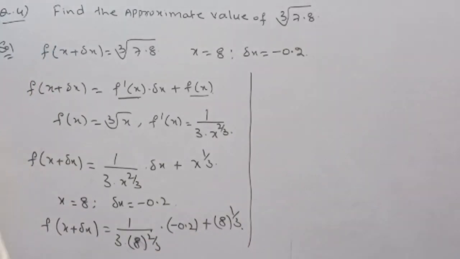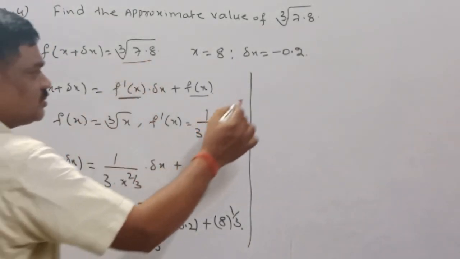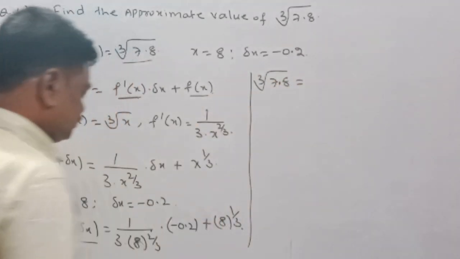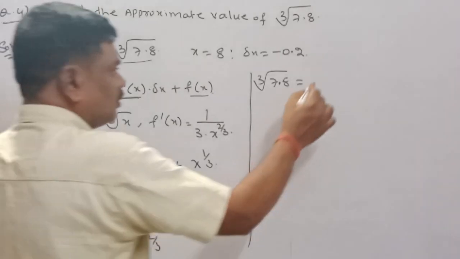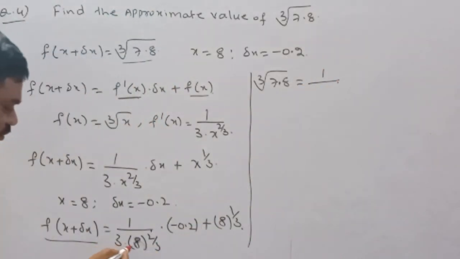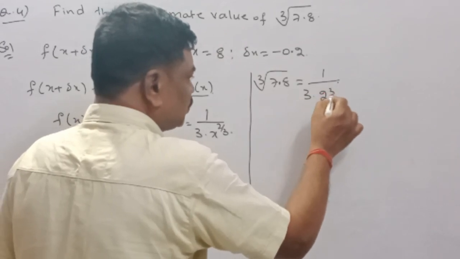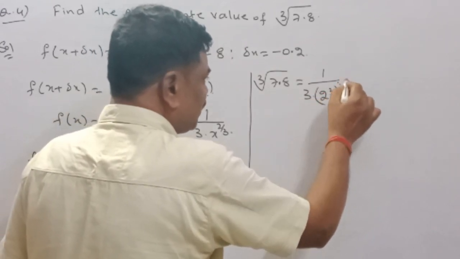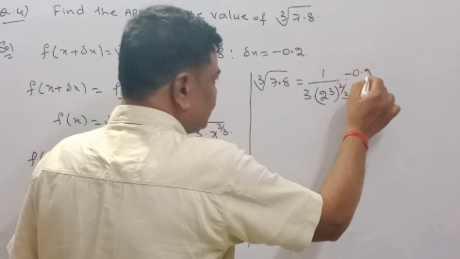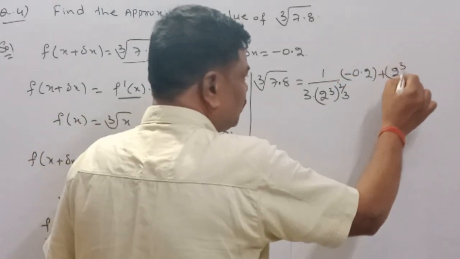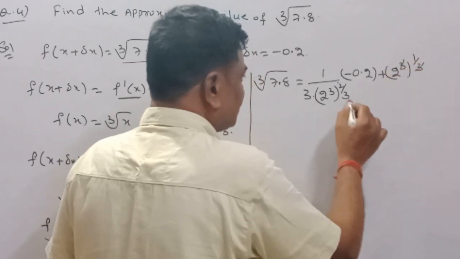Okay, all of you. Then f of x plus delta x, this is cube root of 7.8, is equal to 1 by 3 into 8 can be written as 2 cube, 3 into 2 cube whole power 2 by 3 times minus 0.2, plus 2 cube whole power 1 by 3. 3 cancel.